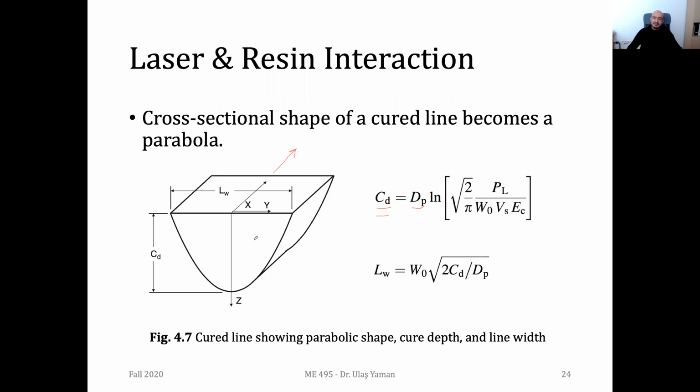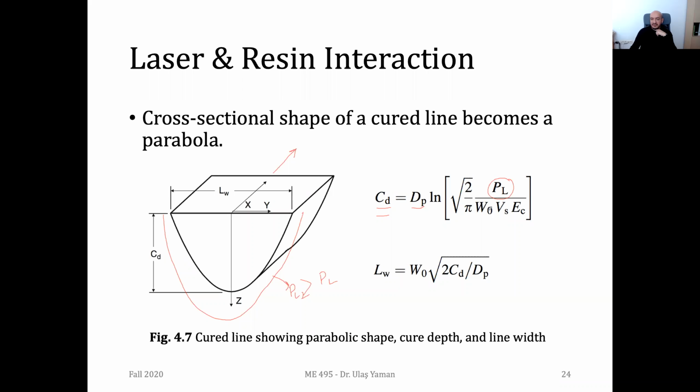This curing depth depends on, again, obviously, our laser power. So if you have a powerful laser, as this relation implies, we might have such a curing depth for, let's say, if PL2 is larger than PL.